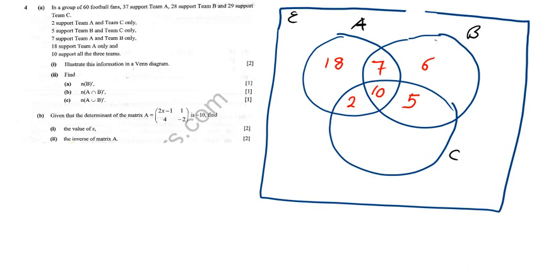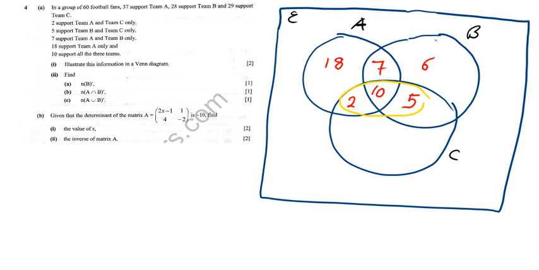We go to C. It says 29 support team C. So the total of C is 29. We add the values which pass in C: 10 plus 2 plus 5.